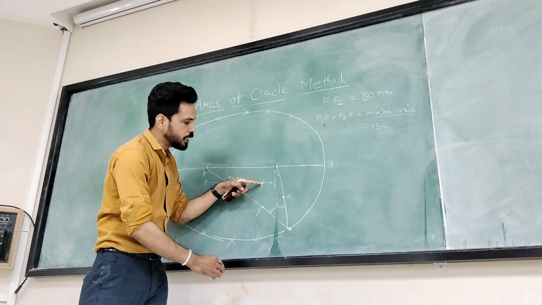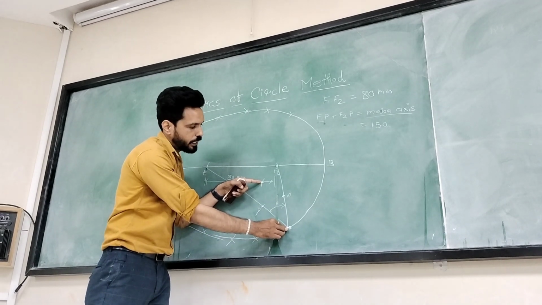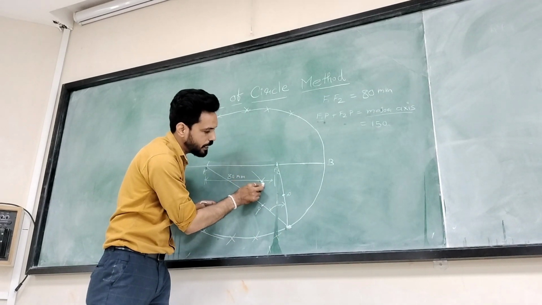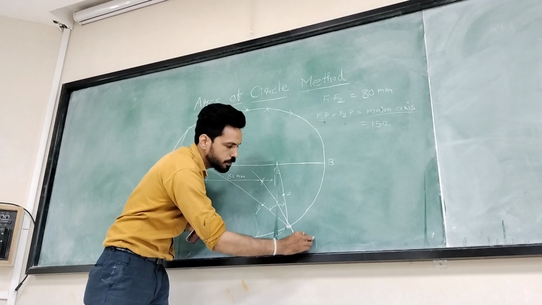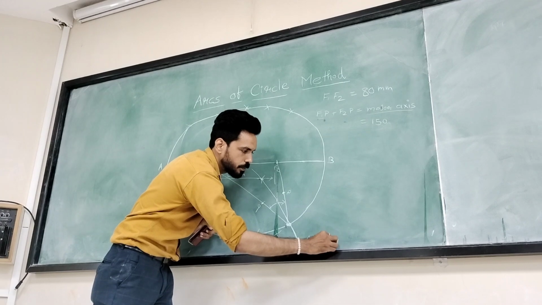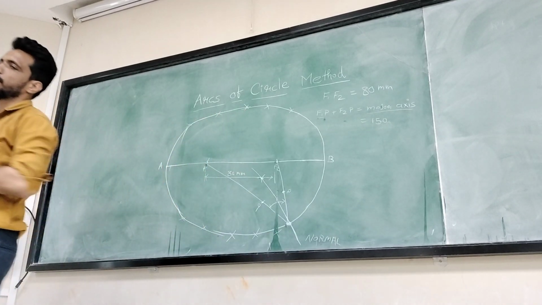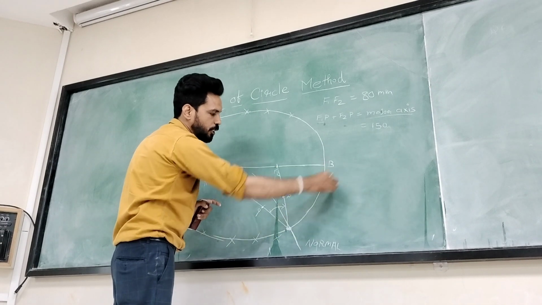Now if we join this point and the point at which we want to find the tangent and normal, this line will be your normal. Okay, and the tangent will be perpendicular to this line.